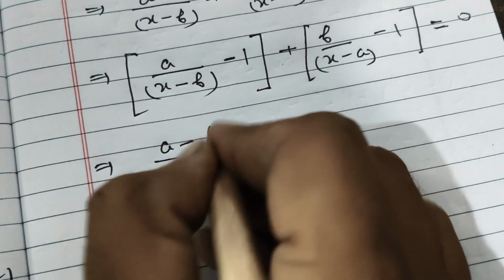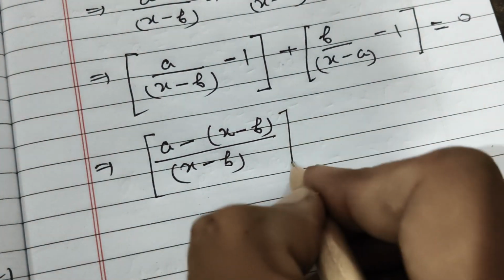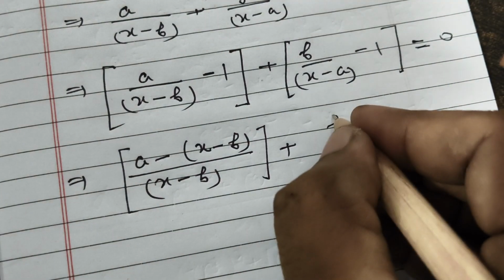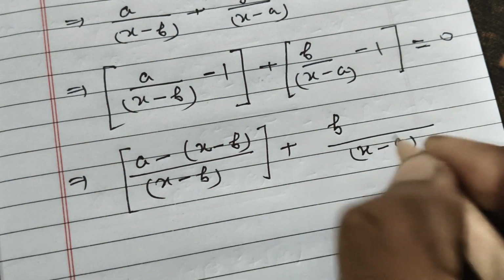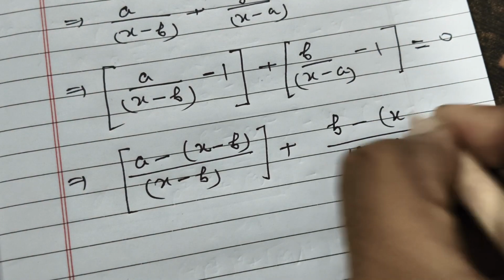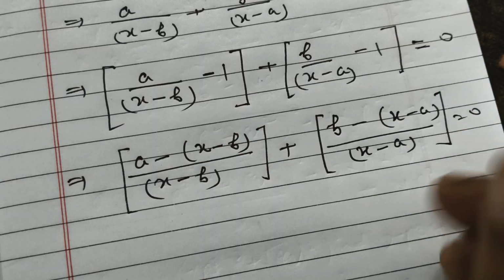plus, again here we have taken the LCM, that is equal to b minus in bracket x minus a over x minus a, is equal to 0.